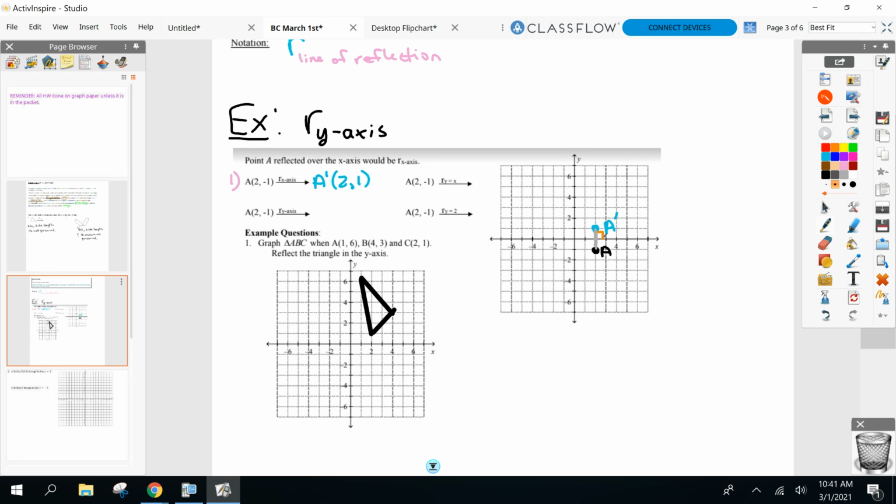And the x-axis is going right through the middle of AA prime. So here's new markings. It's being bisected. AA prime is being bisected. The x-axis is the perpendicular bisector for it.